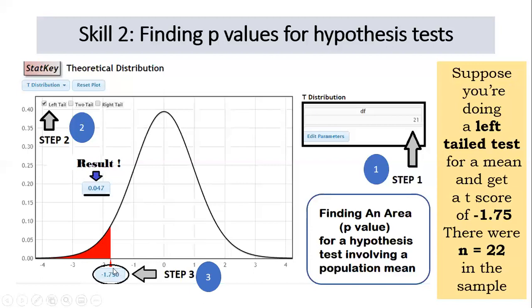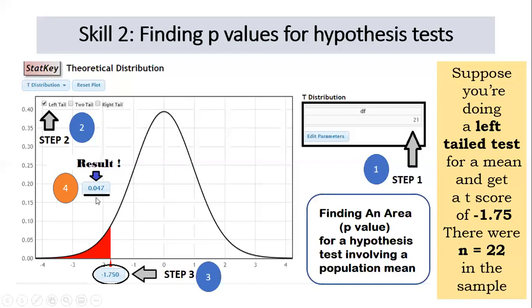As soon as I enter the cutoff value that corresponds to my t-score, we can count on Statkey to redraw the curve to shade in the area, in this case to the left, since this was a left-tailed test, and to report my result. This result that we see above the curve here is the area that was underneath the curve, in this case to the left of my cutoff value.